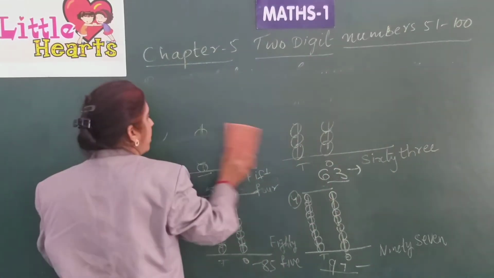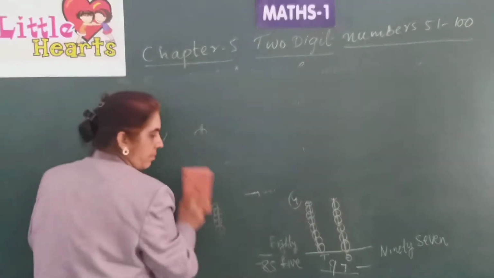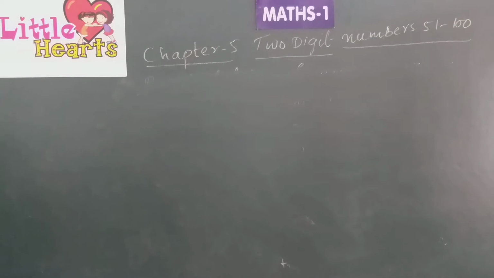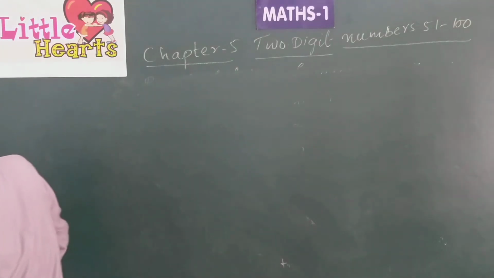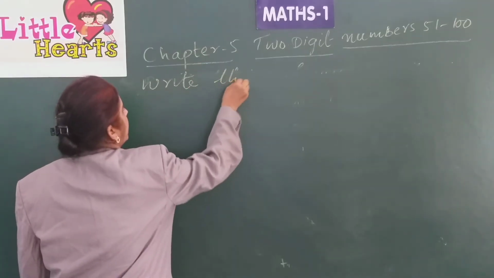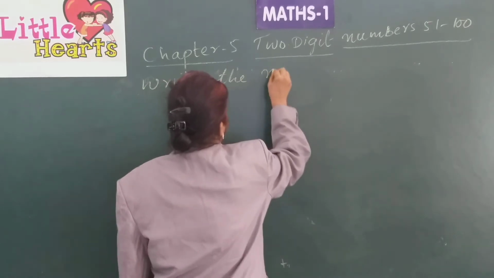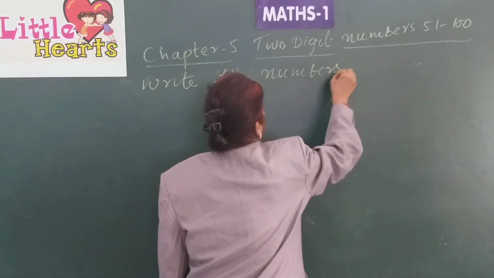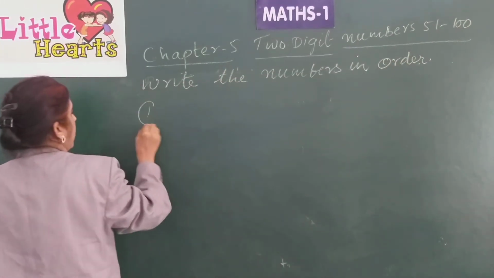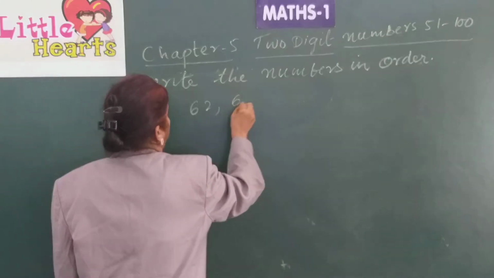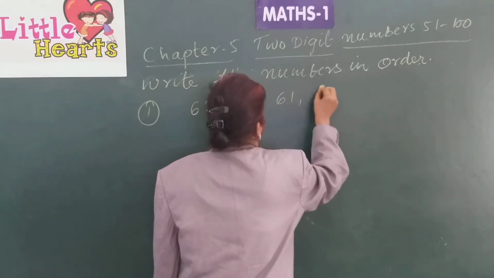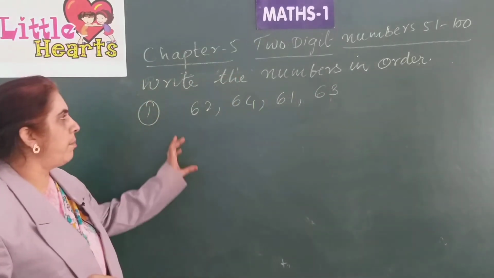Now we shall write the numbers in the given order. Write the numbers in order. See, the numbers are jumbled here.